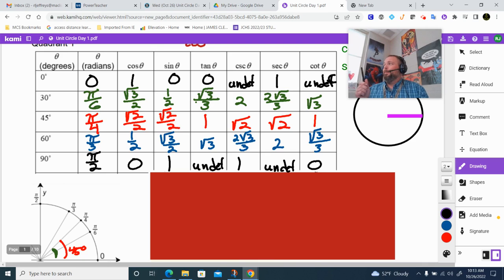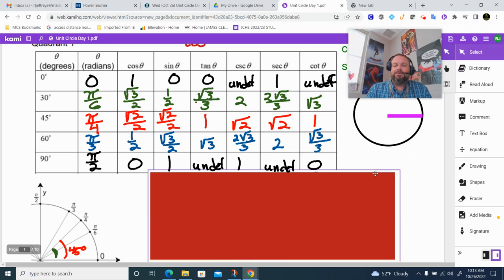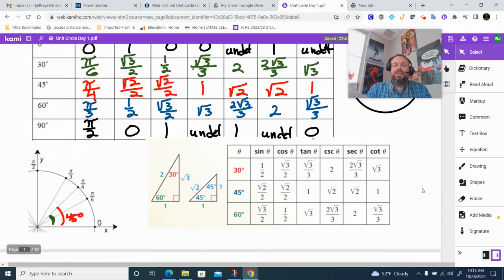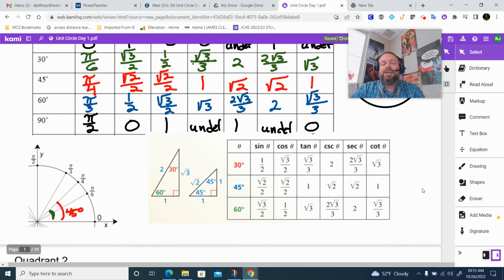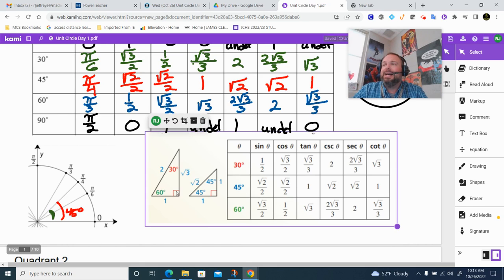Actually, you do want to know. What is hiding behind the red rectangle is this. This is actually from those 30, 60, 90, 45, 45 things from Monday.